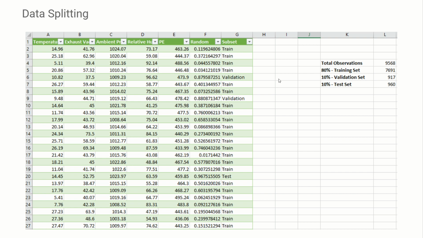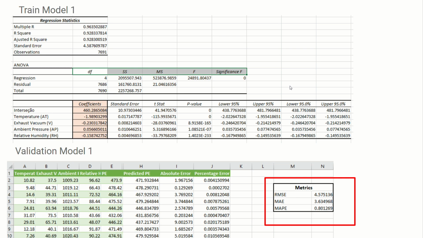This is my Excel sheet for the data splitting. I randomly split the set into 3 subsets: the training set, validation set, and test set. For Model 1 with all 4 features, this is the result and the coefficients of each input.